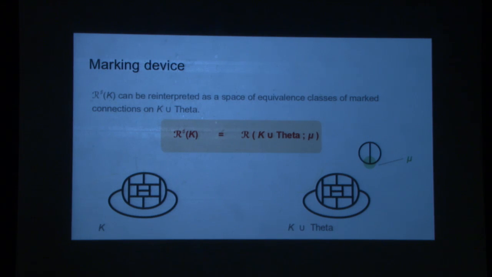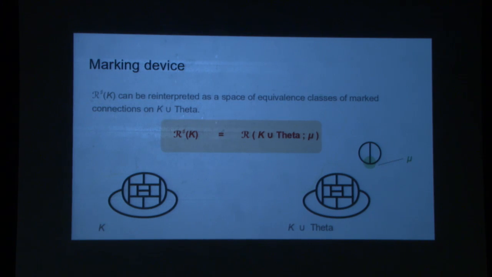And the effect of that is just to undo the fact that we've divided by SO3. So the original R sharp of K, the thing I defined without dividing by SO3, can be identified exactly with the marked representation variety divided by the full automorphisms of this new graph K with the theta and with the marking.